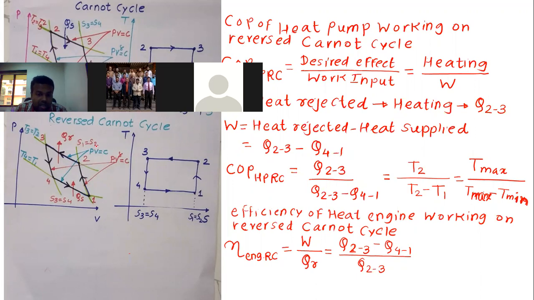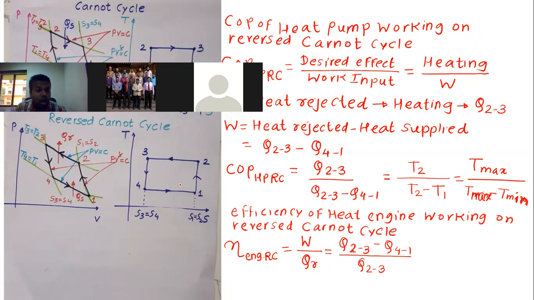You can see heat is rejected during which process? During 2 to 3. So if you calculate the area below 2 to 3, it will give you heat rejected during 2 to 3, because we have plotted the process on a TS diagram. When you plot any process on a TS diagram, the area below that process will give you heat.